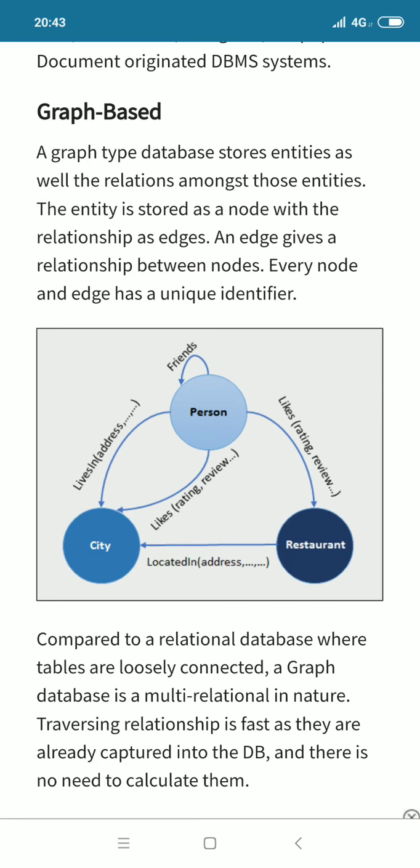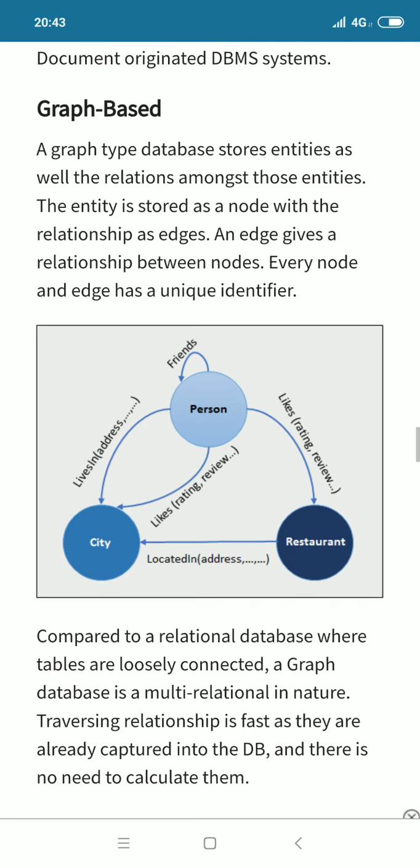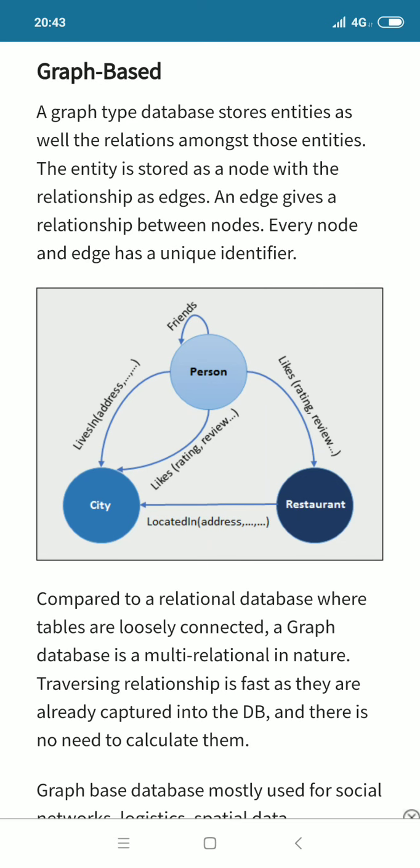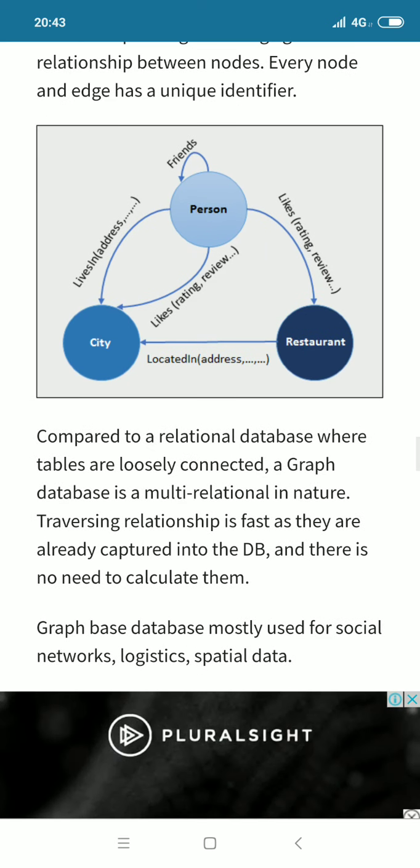So the nodes and edges have a relationship, and this type of database is loosely connected, and graph database is multi-relational in nature. So traversing relationships is fast as they are already captured in the database and there is no need to calculate them. Graph based databases are mostly used for social networks and logistics, spatial data.